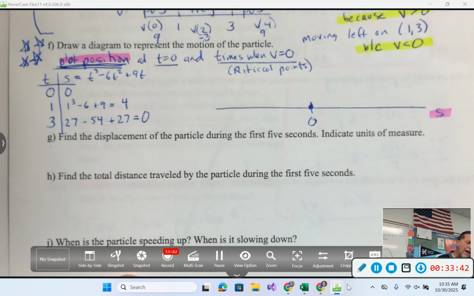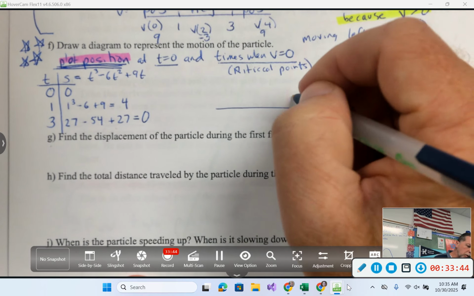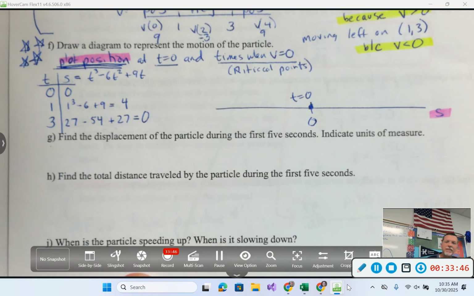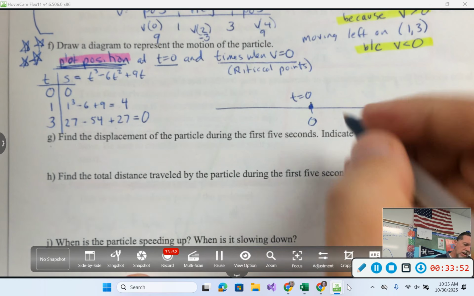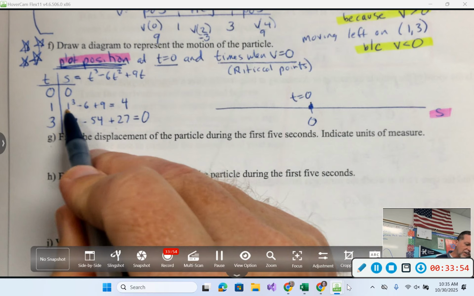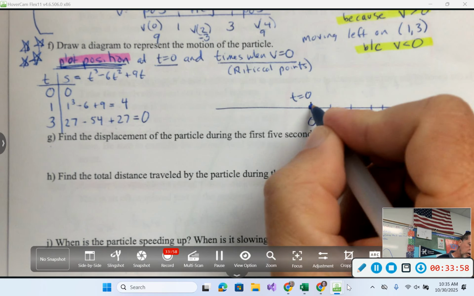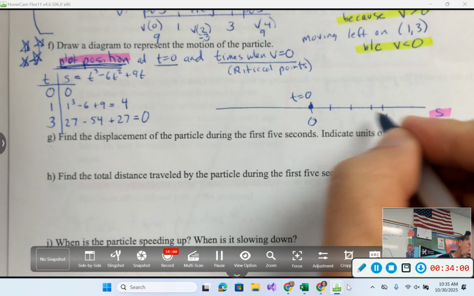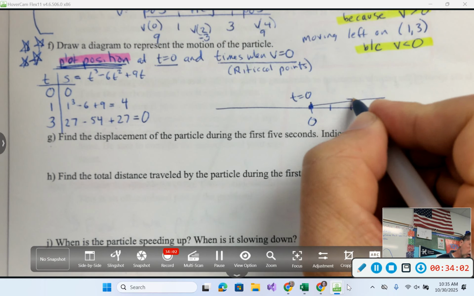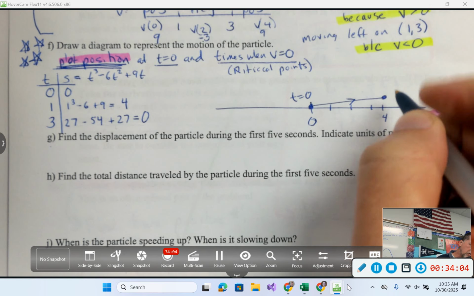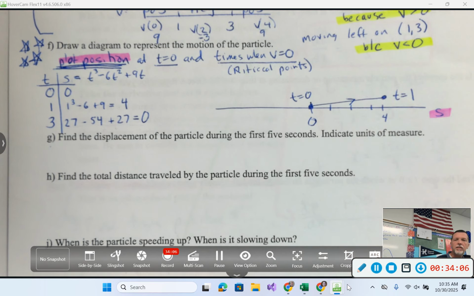And we don't have another axis. This is maybe what's weird. So we're just going to label it. Say there's t equals 0. We're starting there. 1 second later, we're at position 4. 1, 2, 3, 4. So we move to position 4 at t equals 1.